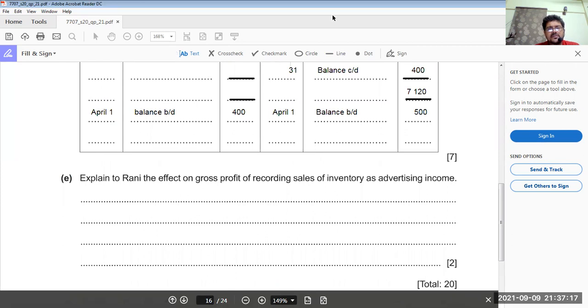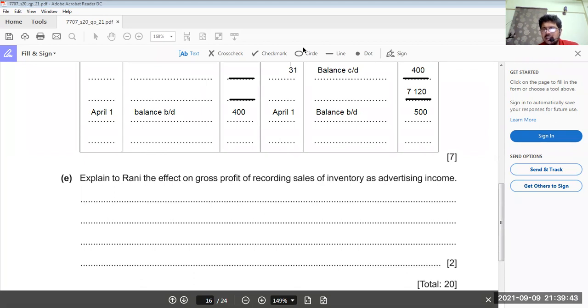Now here, selling of inventory is the type of business operation, and we calculate gross profit by selling inventory.